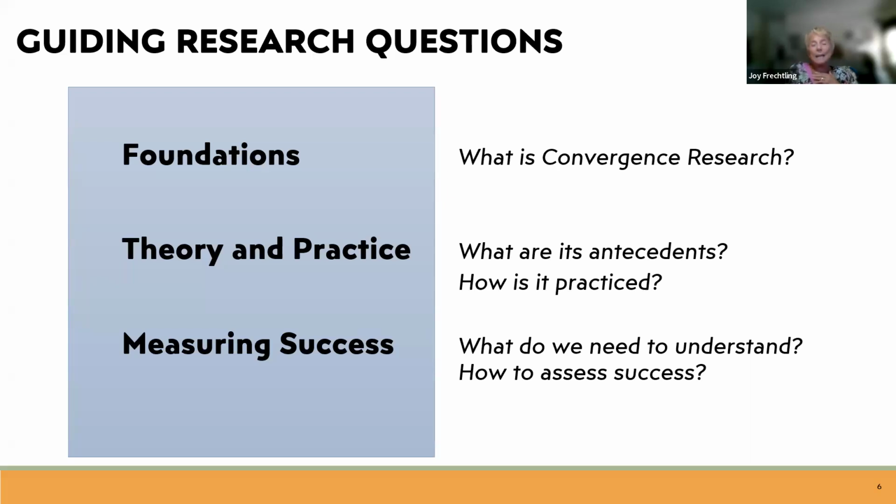We looked at this thing called convergence research from 3 points of view. The foundations: what does this build on? What is this thing? How is it defined? Theory and practice, going from definition to looking at examples. What are things that are calling themselves convergence research?